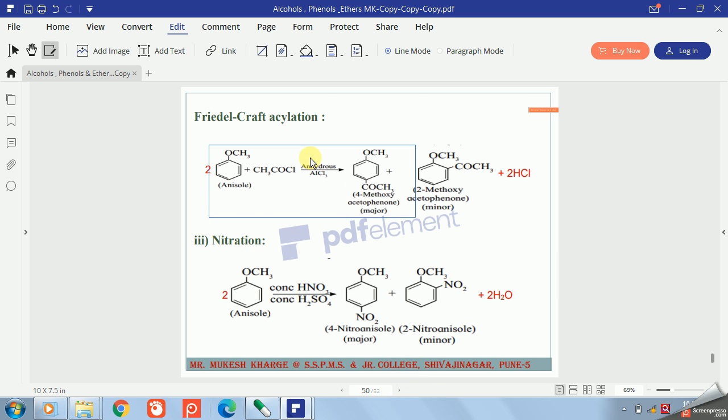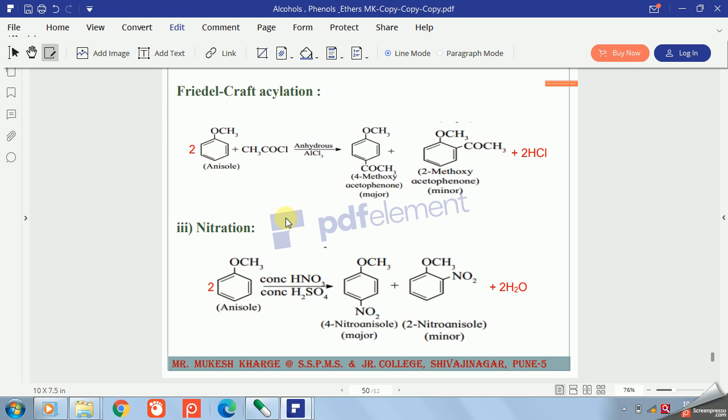Then if we substitute the acyl group, the CH3CO group, that is an acetyl group. What is the reagent? CH3COCl, acetyl chloride, reacts with anisole in presence of anhydrous AlCl3. So hydrogen from ortho and para position gets substituted by the COCH3 group, means acetyl group.